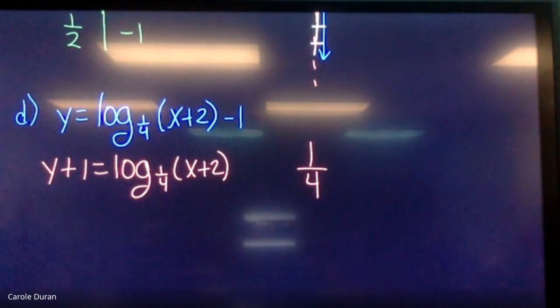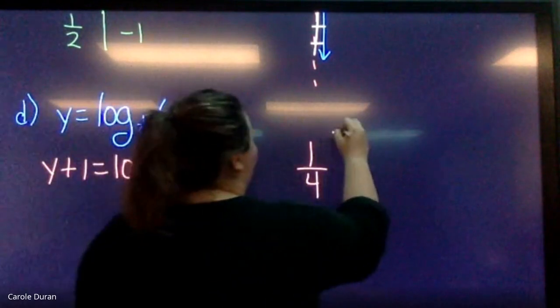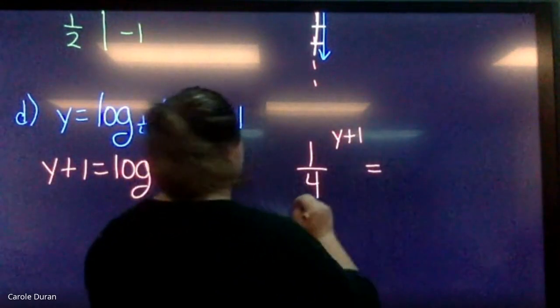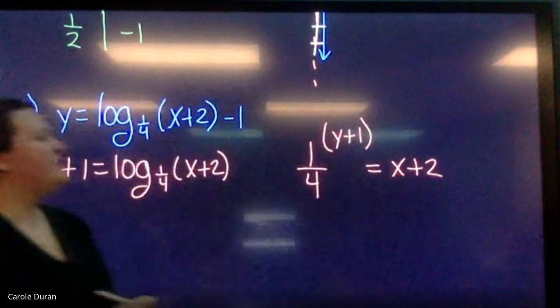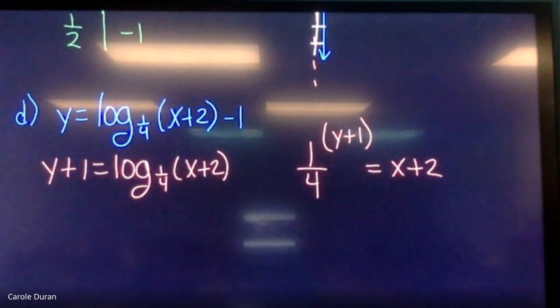You have the power and the equals mixed. As the power, yep. And then equals? Perfect. So this is the same as 1/4 to the power of y plus 1, which equals x plus 2. Are we all okay with that? That one was a hard one. It's very difficult when we have letters and numbers and they're going in several different places. Anybody have a question on that one?